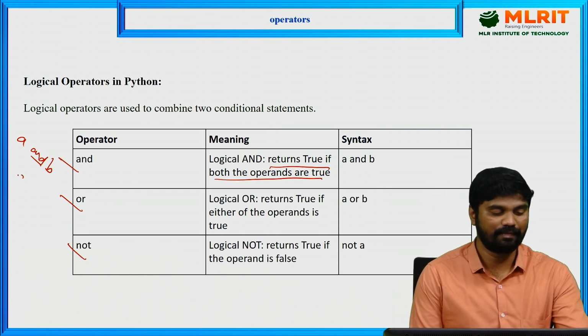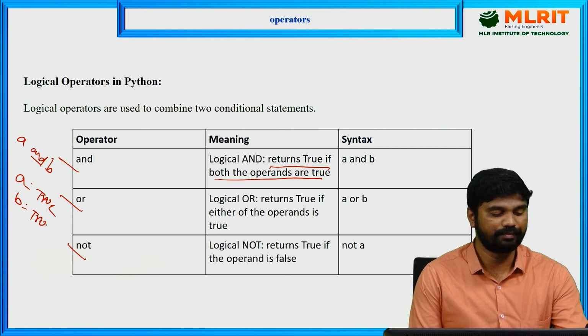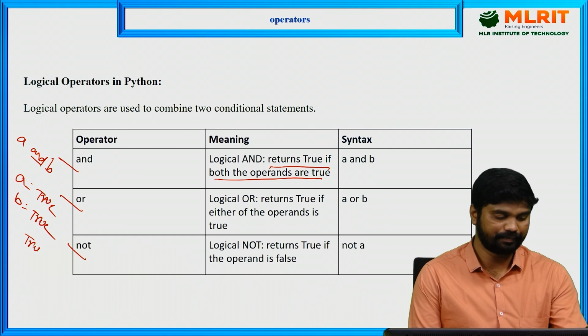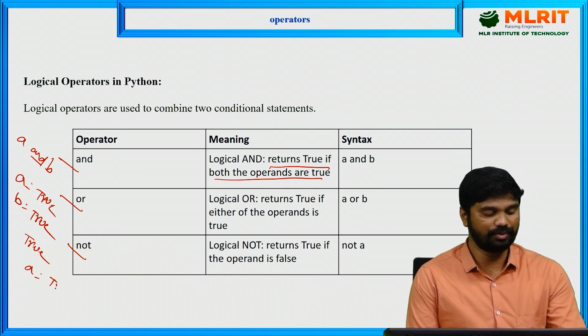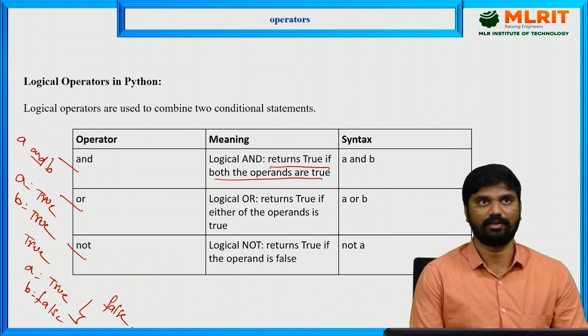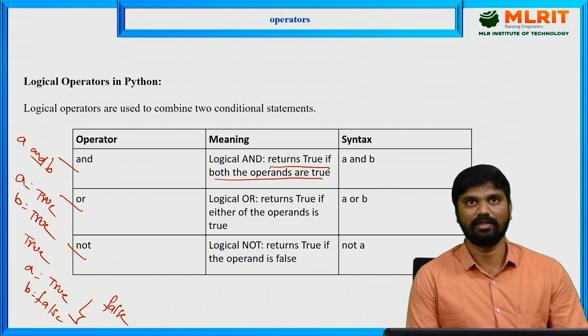For example, A is true and B is true, then it returns true. If A is true and B is false, then it returns false. So that is the AND operation result. It returns true if both operands are true, which means if either one of the operands is false, then it returns false only.